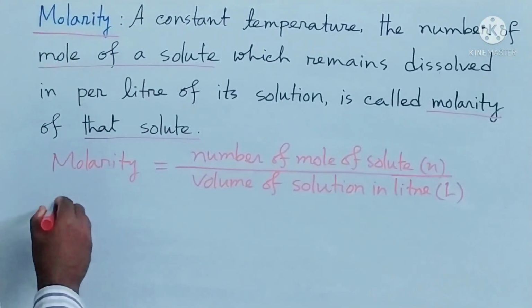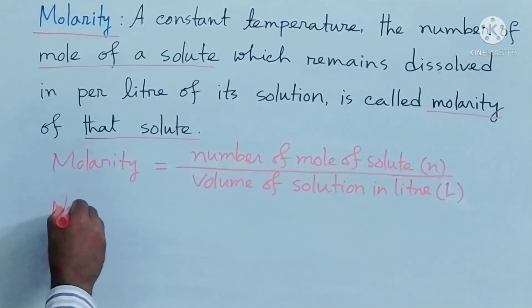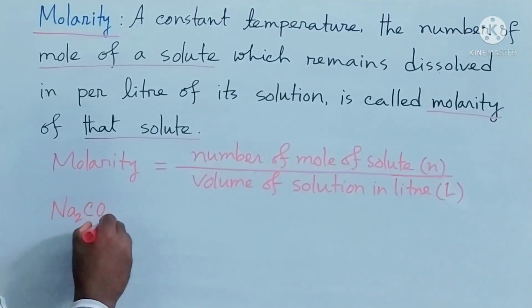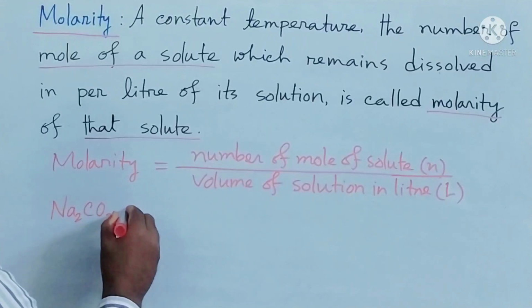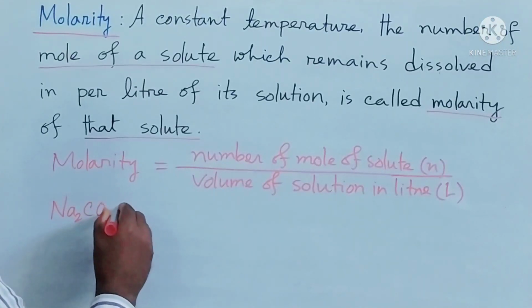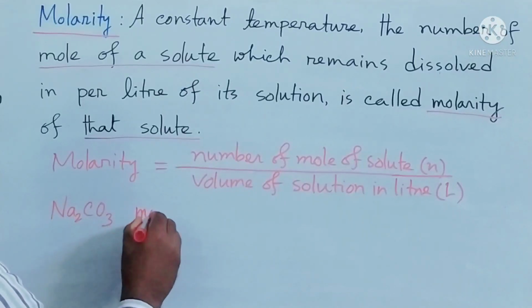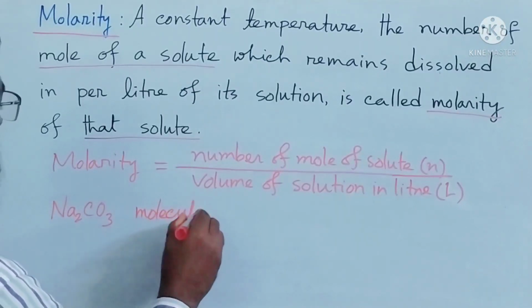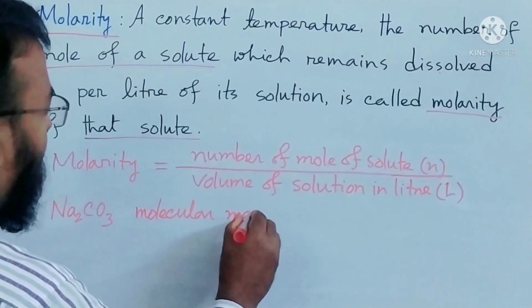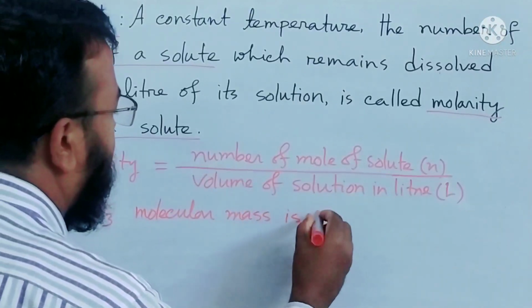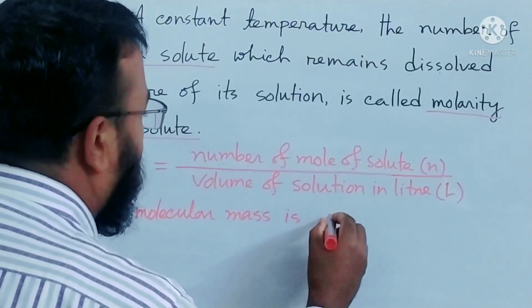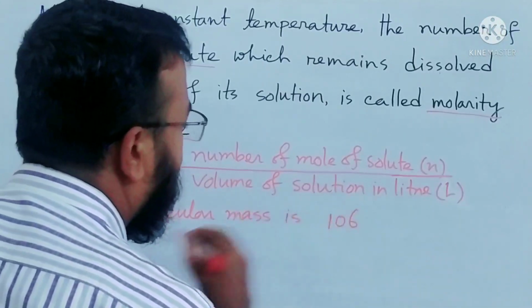So now for example, sodium carbonate. Its molecular mass is 106.